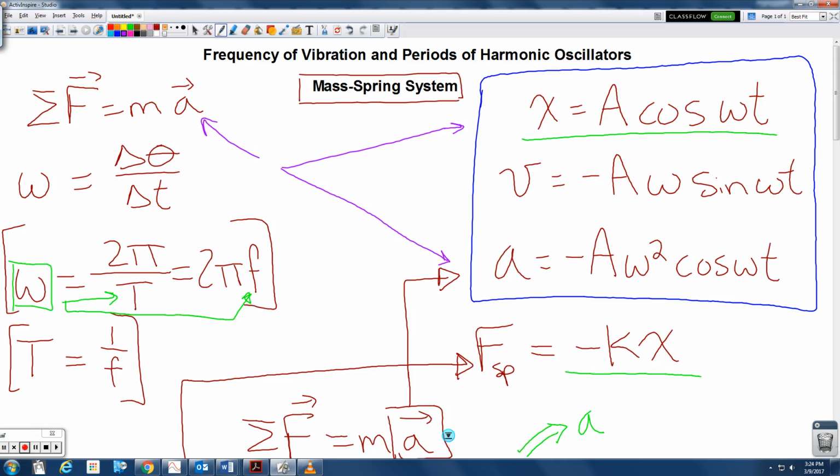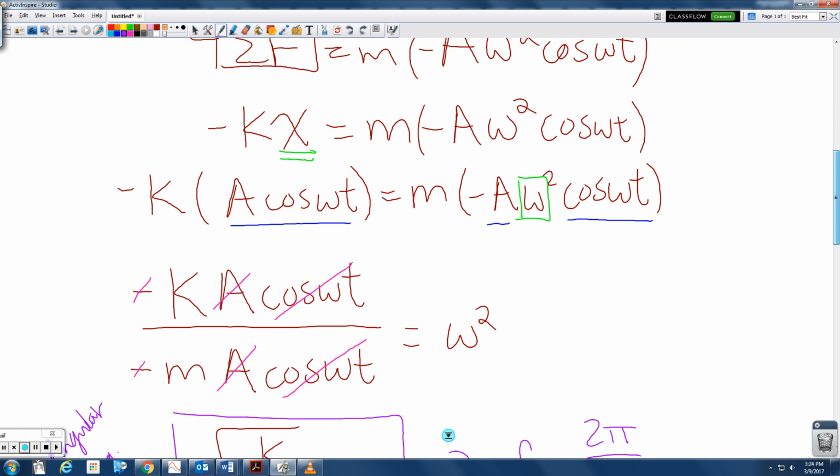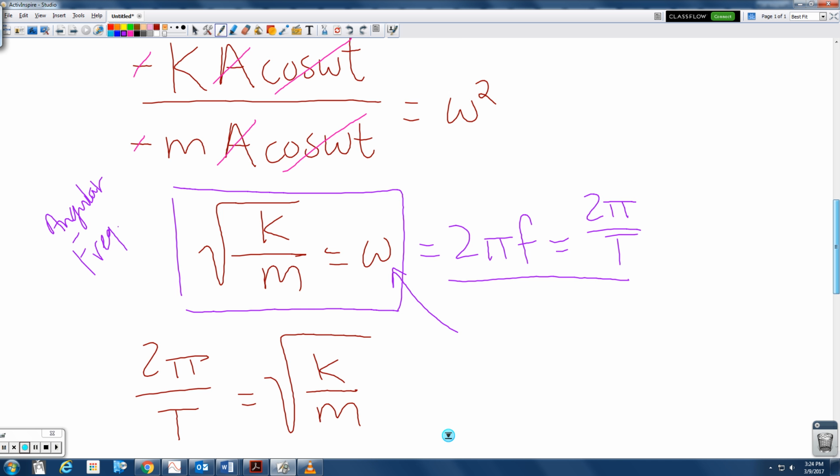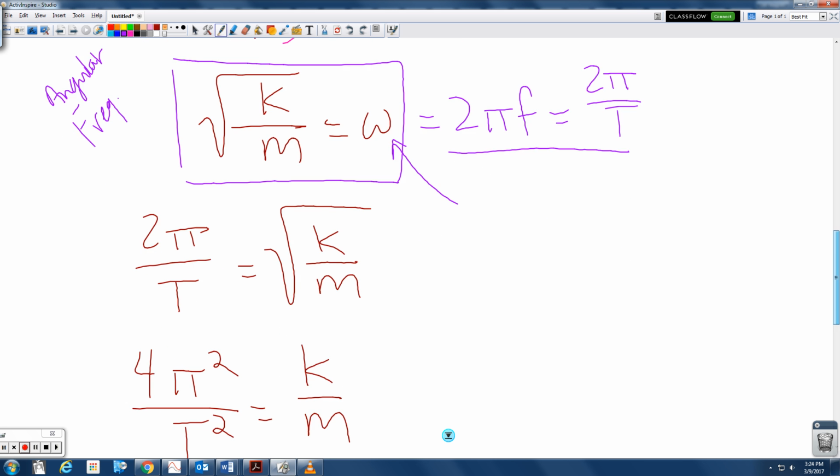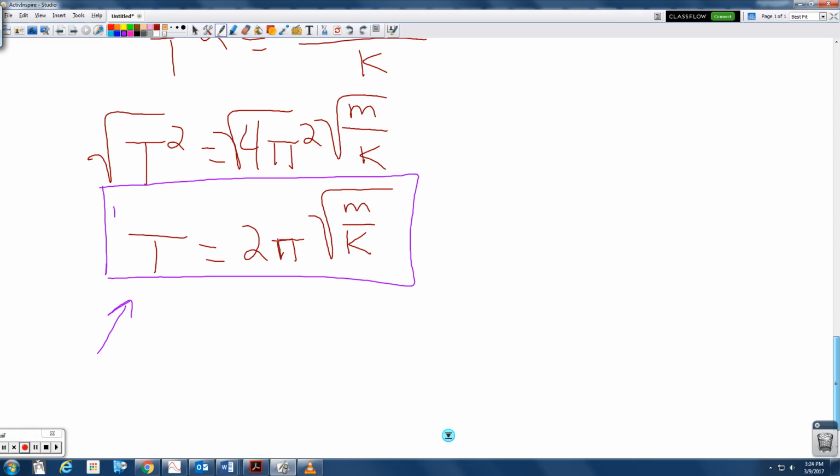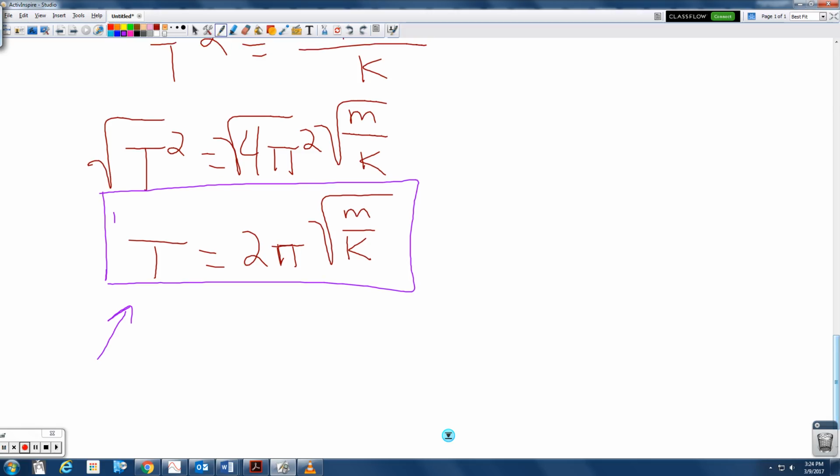And we incorporated our knowledge from rotational kinematics of omega to show that omega is equal to 2 pi f and has a relationship to big T, the period. Lastly, we brought in what we experimented with by the stairs with the large spring, Hooke's law. And with those powers combined, we found omega, the square root of k over m, and the period of the mass spring system, 2 pi times the square root of m over k.